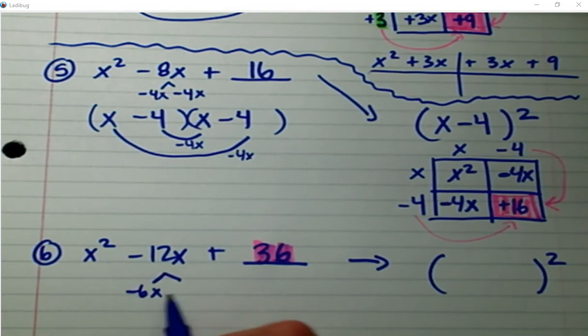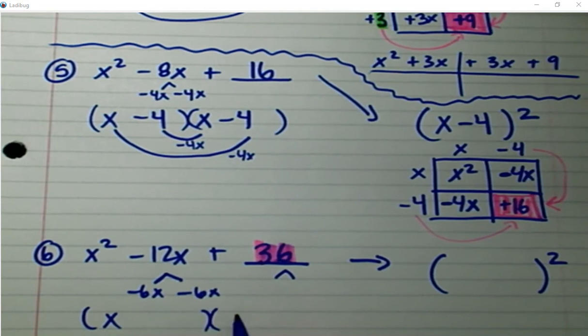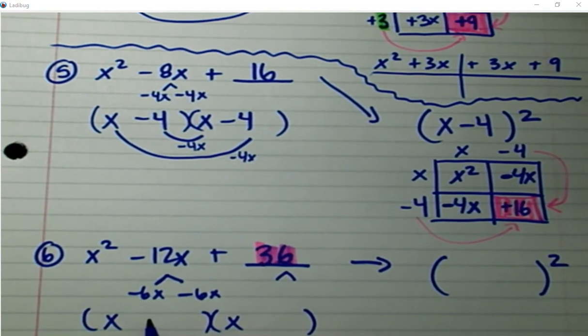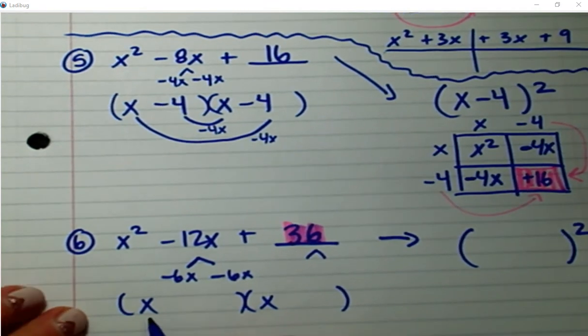Yeah, we split my middle term into 2 equal parts. Okay. Things that multiply, the inside and outside thing, so we negative 6 and negative 6. Yep.